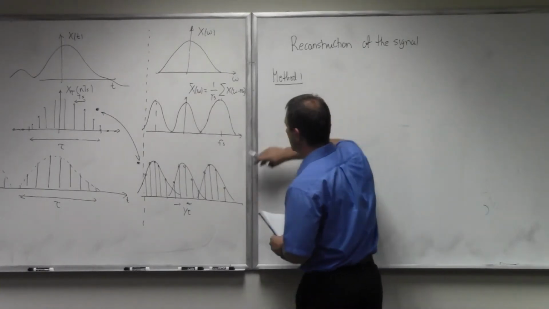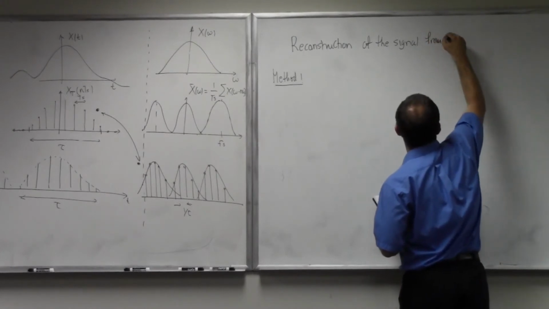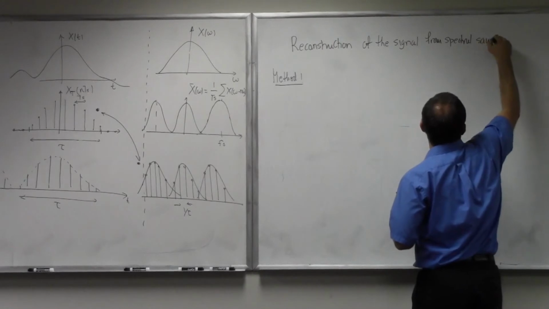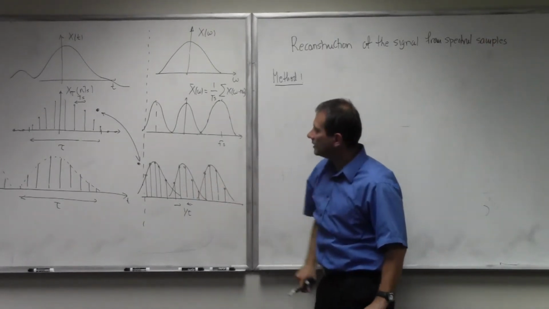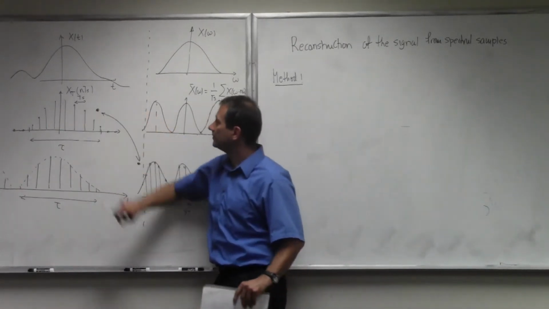Okay, so the first one is reconstruction of the signal from spectral samples. Let's say I have these samples of the signal in the frequency domain. How do I get back to my signal x of t?